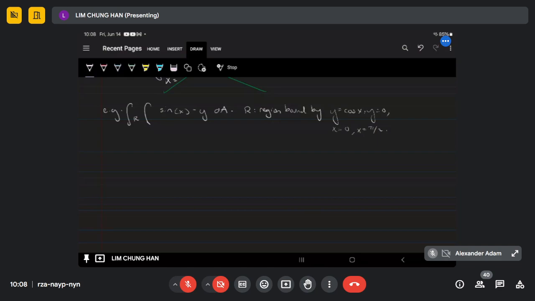Now, certain questions, for example like this, are a bit tricky to sketch. You can straight away go to the integration part, but how are you going to find the limits if you don't do the region? That's the tricky part.